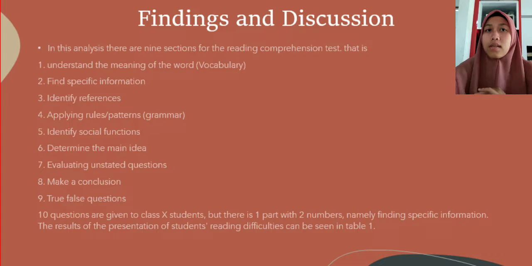Number 6 is determining the main idea. Number 7, evaluating unstated questions. Number 8, making a conclusion. Number 9, true or false questions. Questions are given to class 10 students, but there is one part with 2 numbers, namely finding specific information.